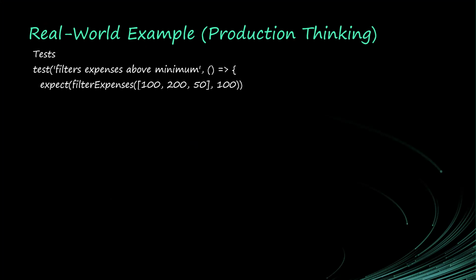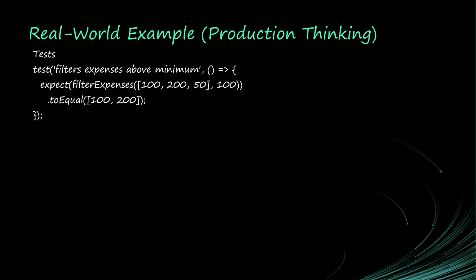So real world example. We are supposed to create a function that filters expenses above a minimum. We'll give the function an array and then give it the minimum.